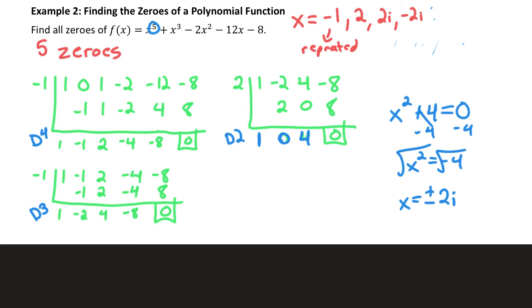So this is all about understanding how many solutions we know to look for, figuring out how to find the real ones from a graph, using those real ones to break down our equation with synthetic division, and finding the imaginary solutions if there are any. Now, if the graph showed you all 5 solutions, all you would have to do is use the graph to find all 5 solutions. But you've got to know how to break it down using synthetic division and solve that equation at the end.